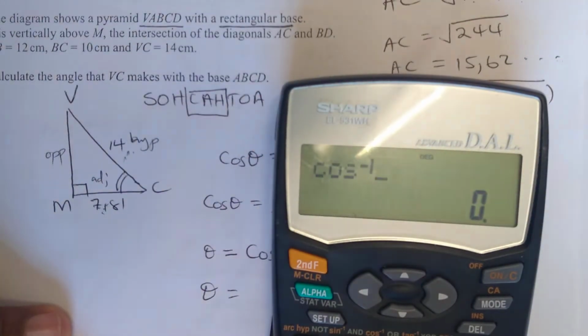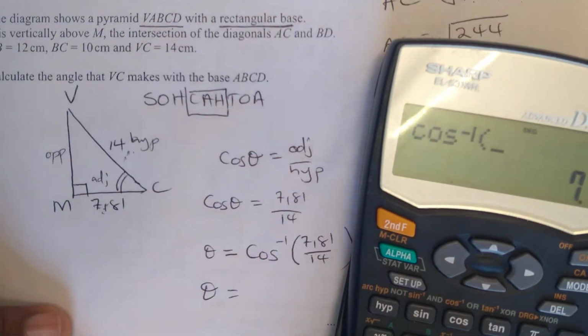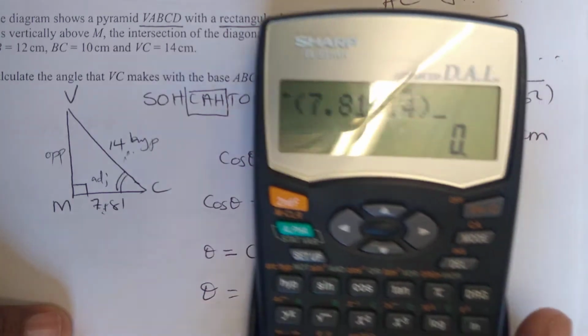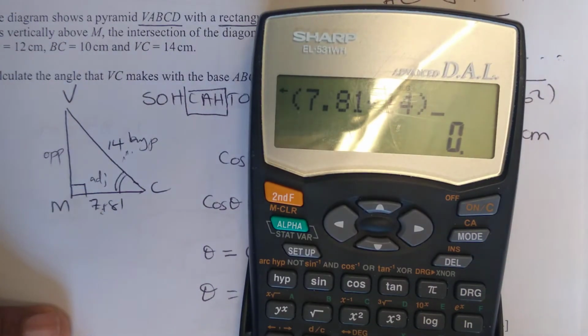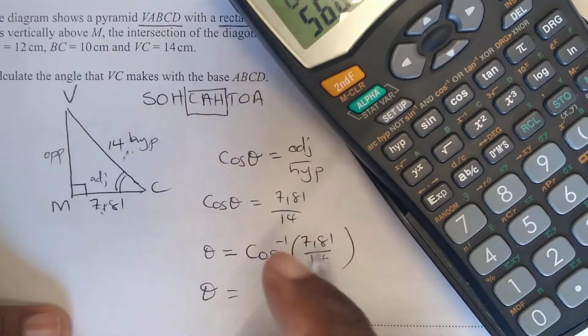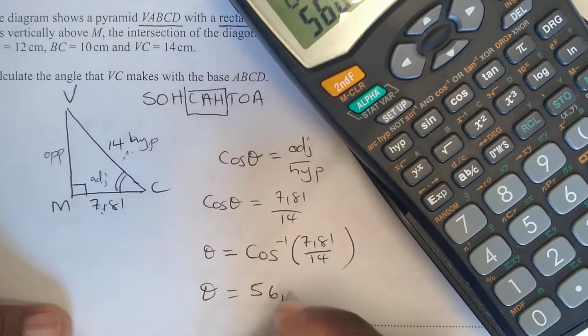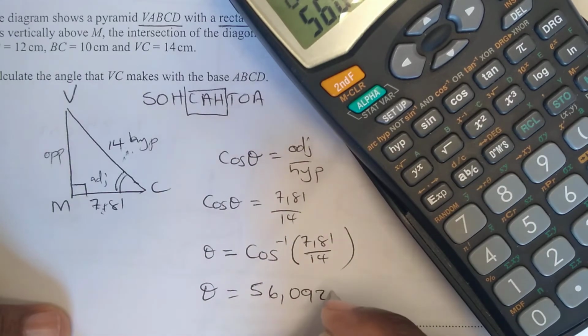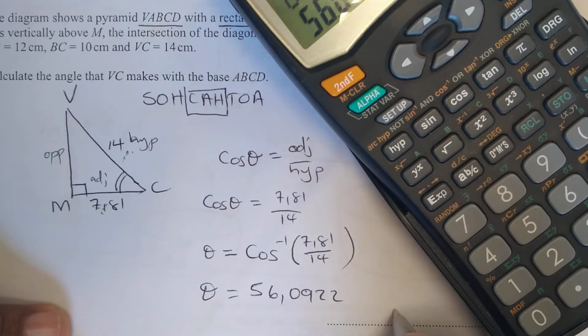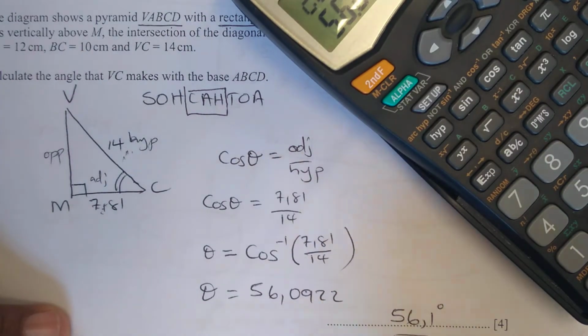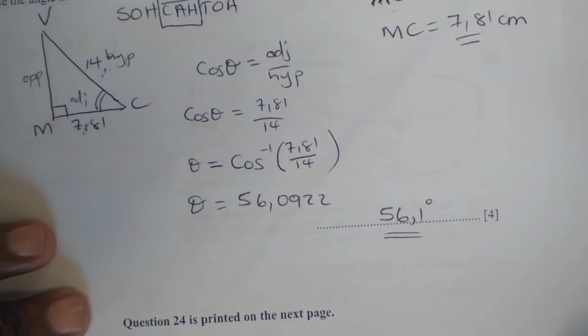Arc cos of 7.81 over 14, 56.02. Right, so this is 56.1 degrees. There you go.